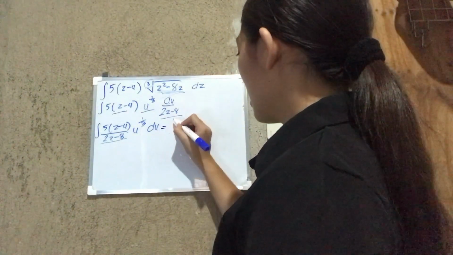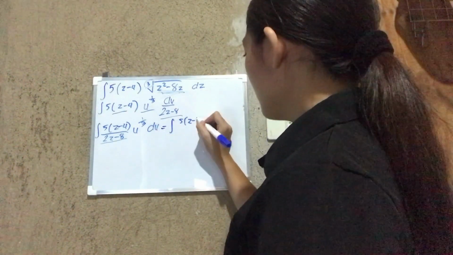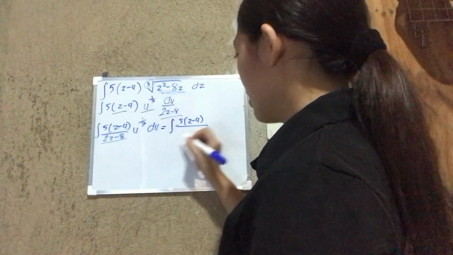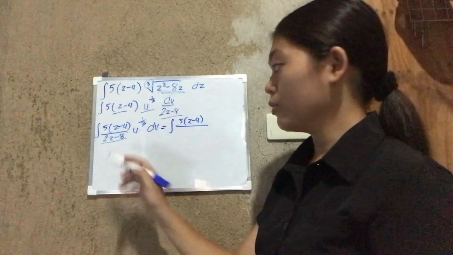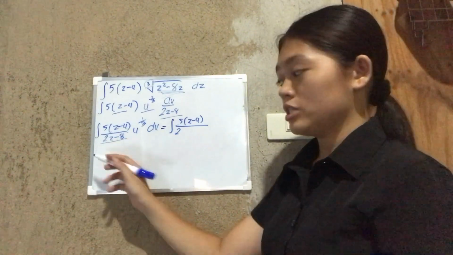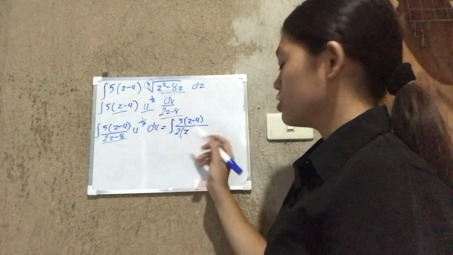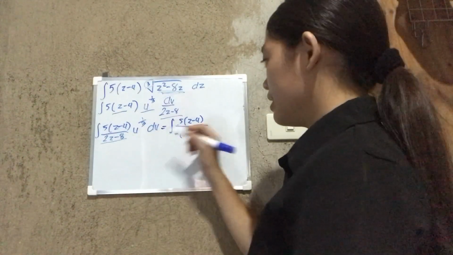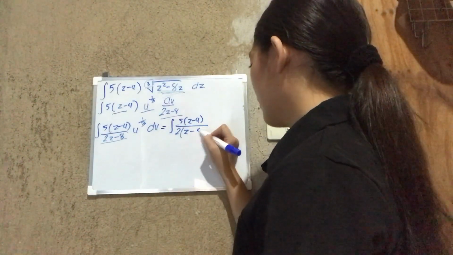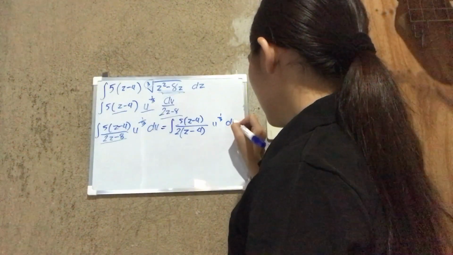So it will become the integral of 5 times z minus 4 over, as you can see, it is divisible by 2. So 2 divided by 2 is 1. So we can now have only the z, then 2 divided by 8, so we can have the 4. Then copy du.